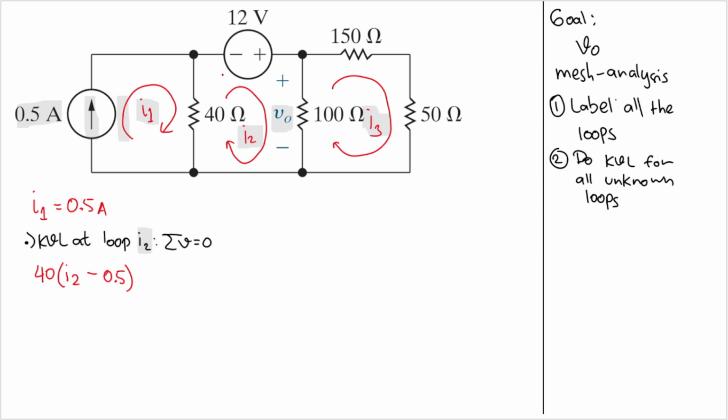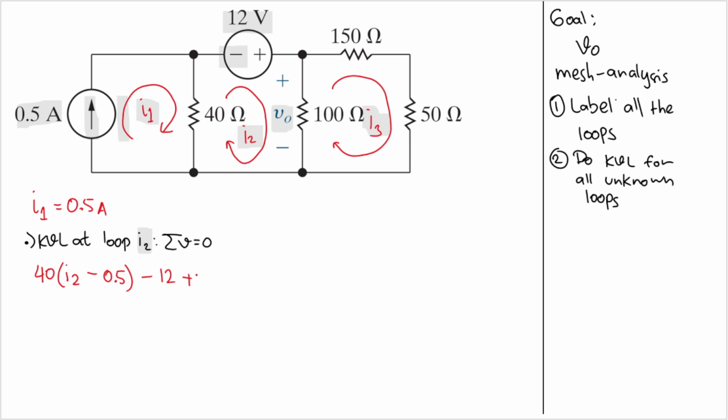Okay, let's move on to this 12-volt voltage source. Because our current is flowing clockwise, the current here will enter from the negative terminal. So I will have a negative sign here, right? And the value is 12 volt. We already have the voltage, so we don't need to do anything here. So minus 12. Good. And now let's move on to this 100 ohm resistor.